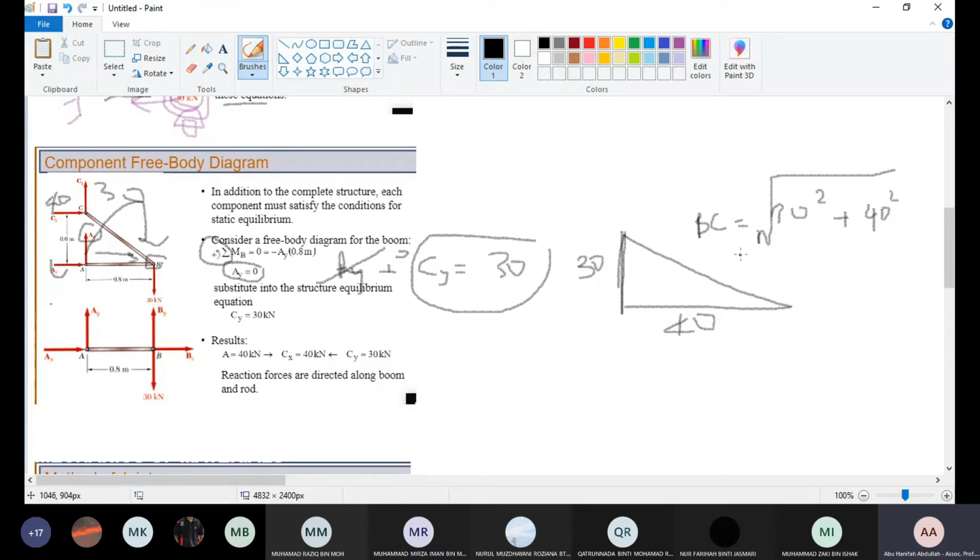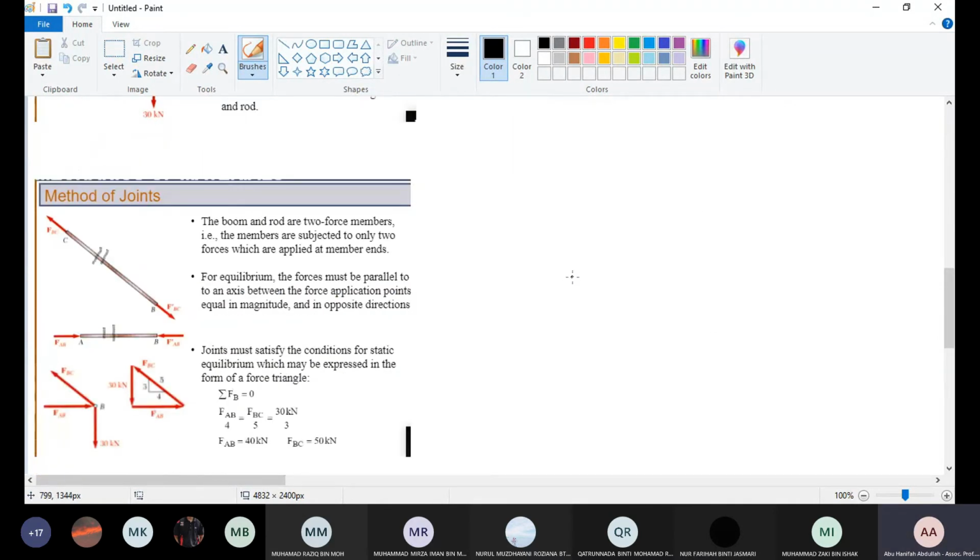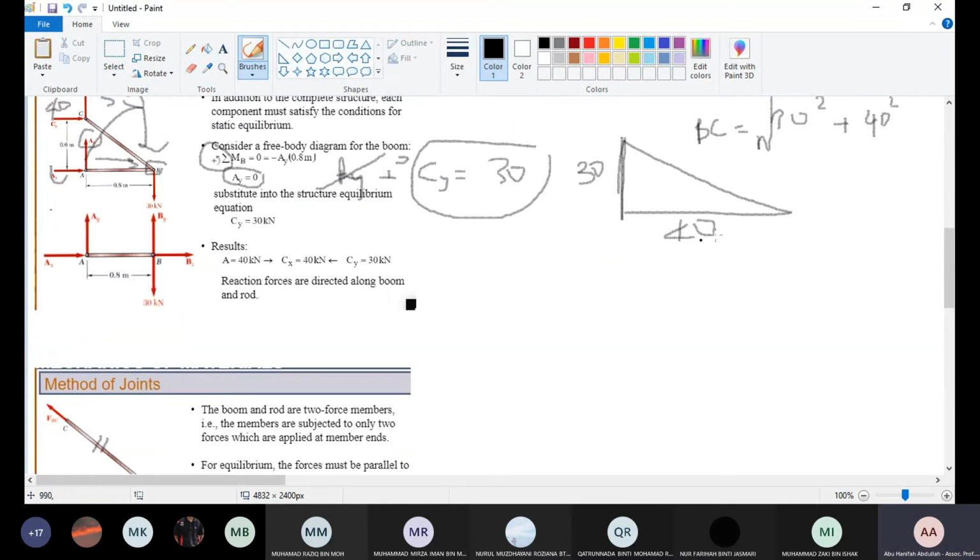Okay, so what do we get BC equal to? BC equal to 30. Okay. Any questions so far?